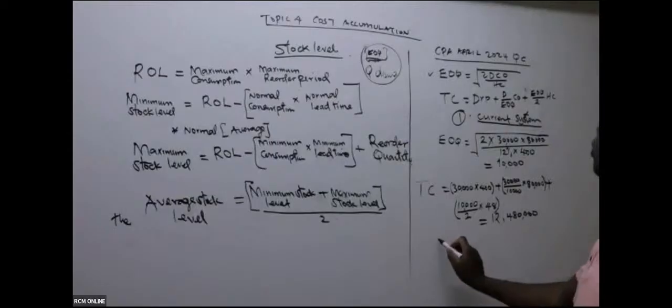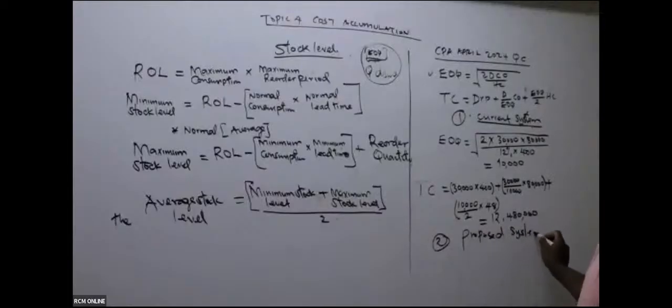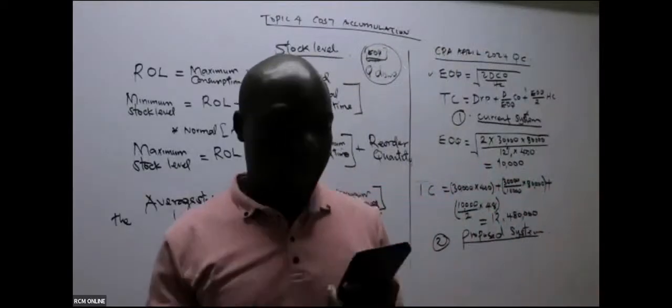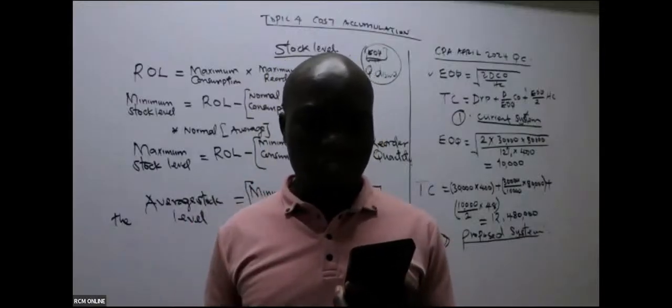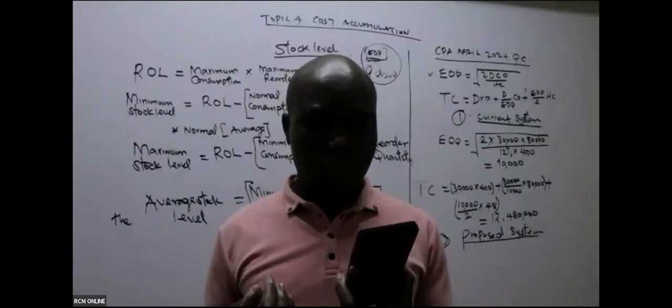How about number two? Number two, we are talking about the proposed system. Here we are having some changes, right? Under the proposed system, purchase price is the same. Ordering cost per order, we are having 28,000, right? Then look at additional information number 3.